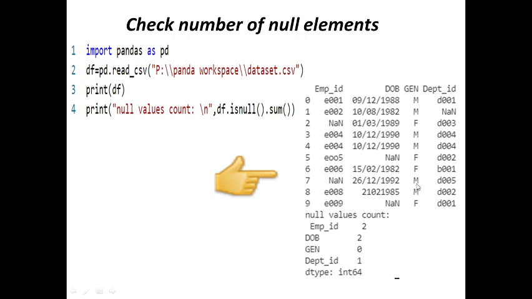Third column no missing value. Fourth column we have 1 NaN. So according to this data frame, record is EMP-ID 2 null values, DOB 2, third 0 null value and DEPT-ID 1 null value. So using this isNull function and sum function, we can check number of null elements in each column, right? Now you know number of null elements in your data frame.